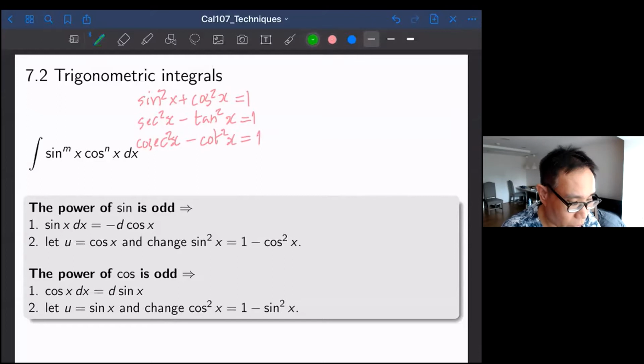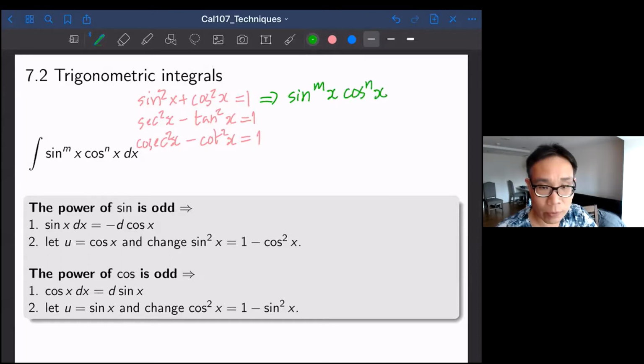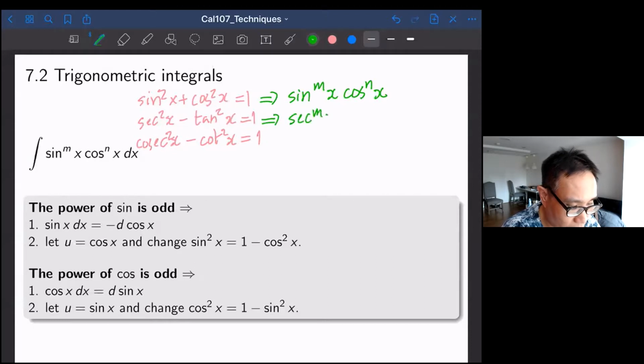So the thing we're going to use them for is to integrate powers of sine and cosine. So it's going to be integrals of the form sine to the mx, cosine to the nx. We'll be able to use this identity to integrate powers of sine and cosine, and you'll be able to use secant to integrate powers of secant and tan x.